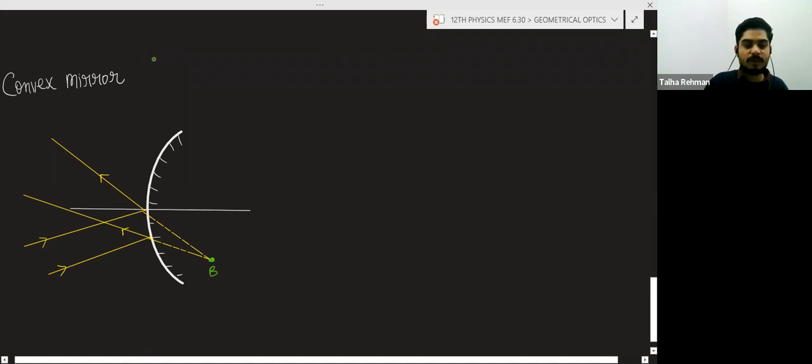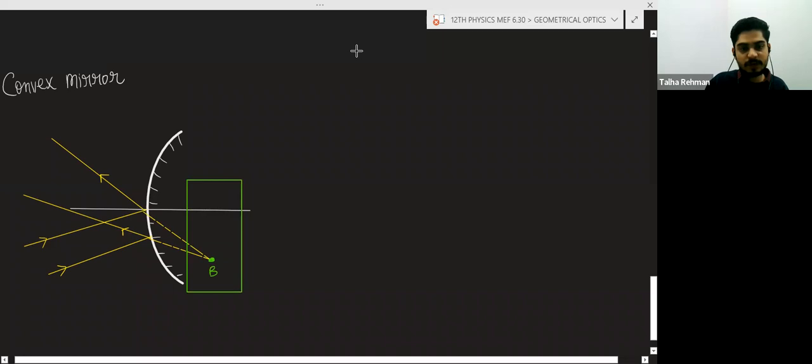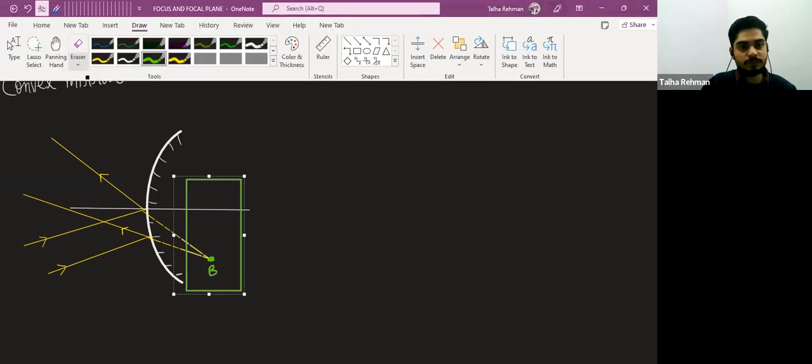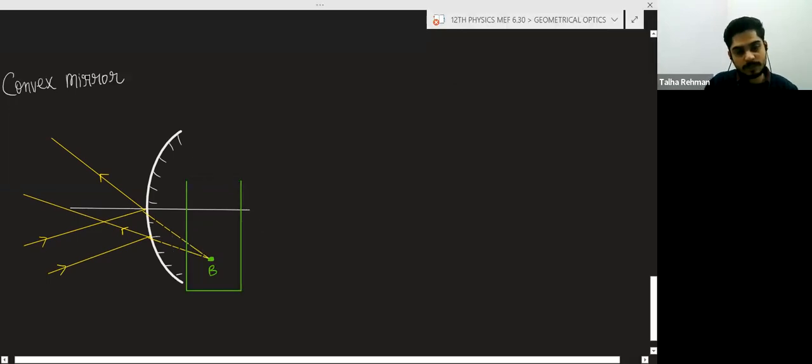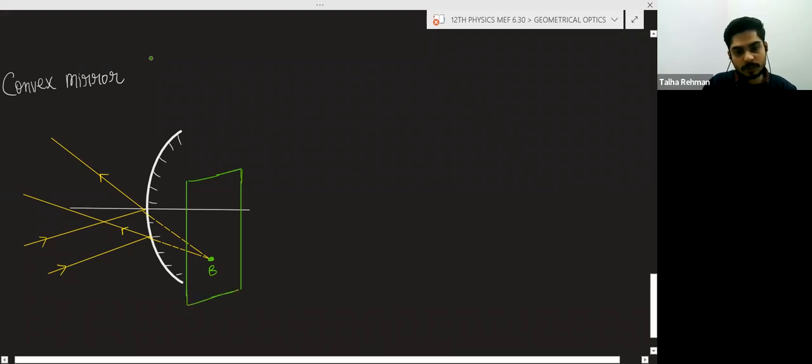This is point B. So basically this point B will lie on the focal plane. So basically this is the focal plane for the convex mirror.